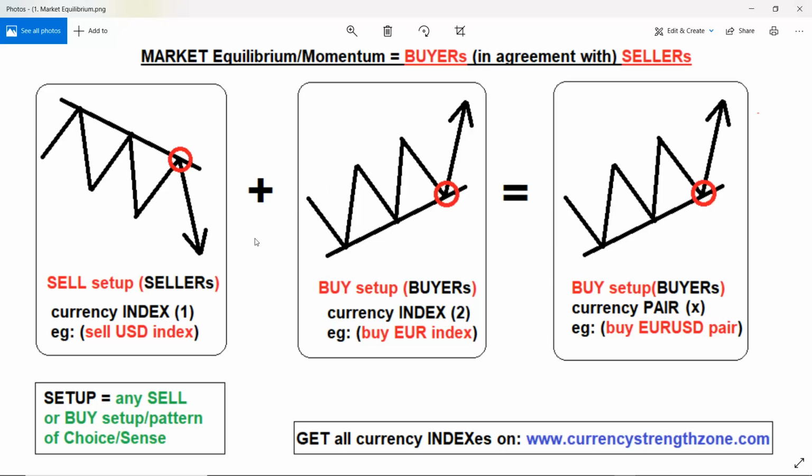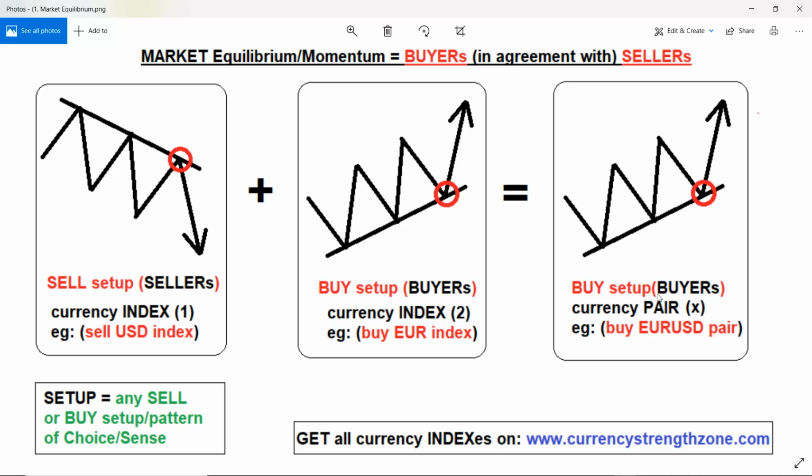So from this analysis, from the USD index and euro index, we could make a very viable decision to trade the Euro USD.